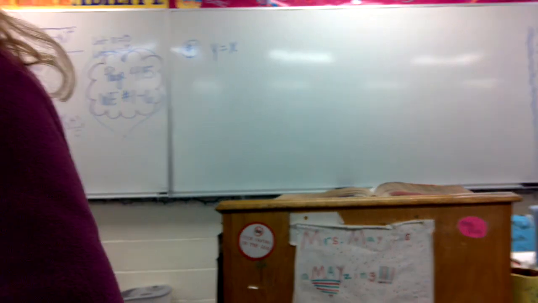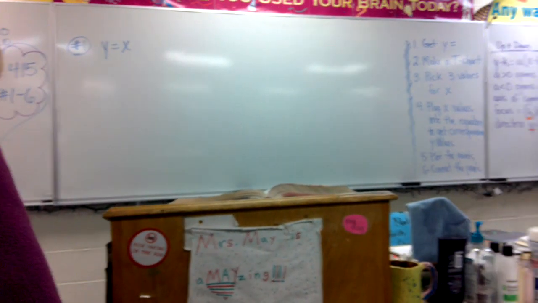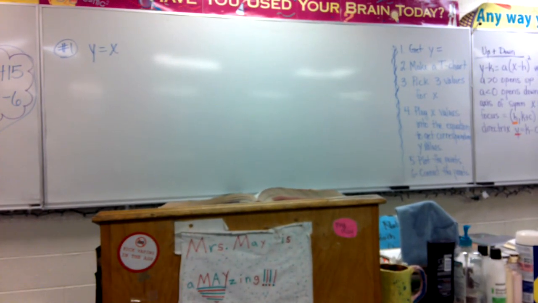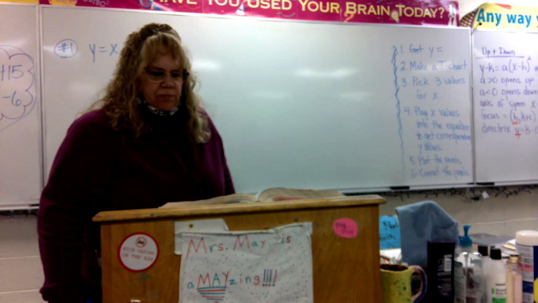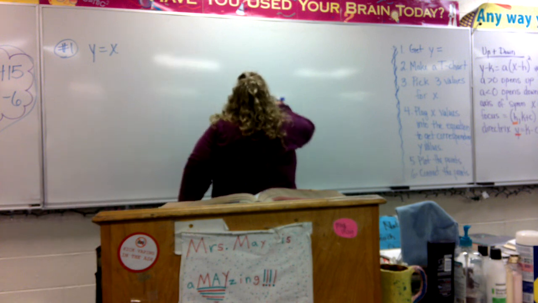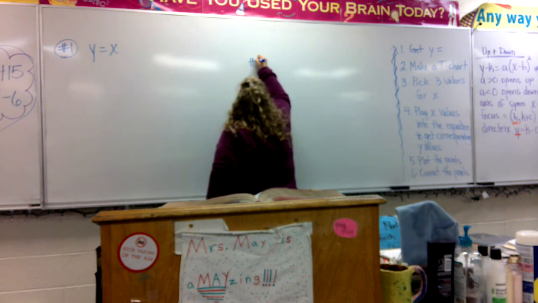Here we go. So yesterday, when you got to number 7, you also realized there was another little problem. 3x minus 9y equals 0.